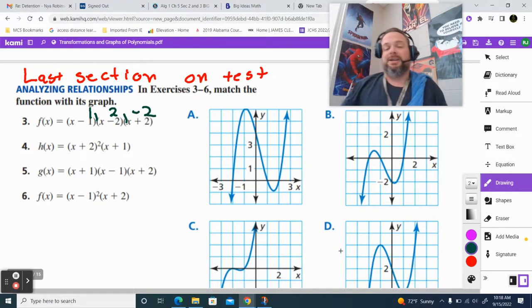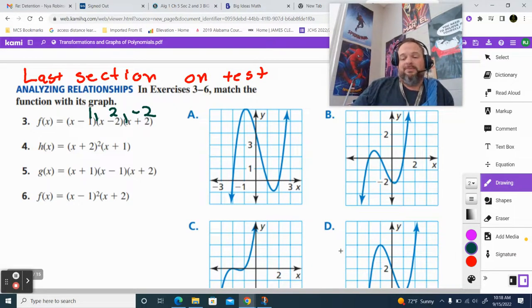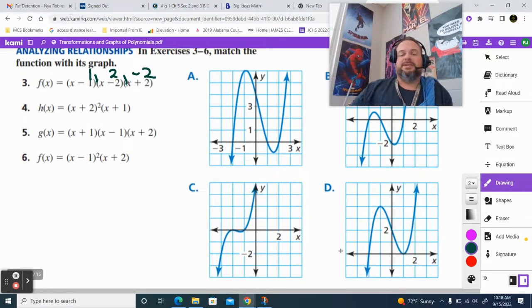So I'm looking for the graph that has x-intercepts at 1, 2, and -2. Which one of these four graphs has x-intercepts at 1, 2, and -2? This would actually be A. Because see, this is at -2, this is at 1, this is at 2. So that's what would match here.